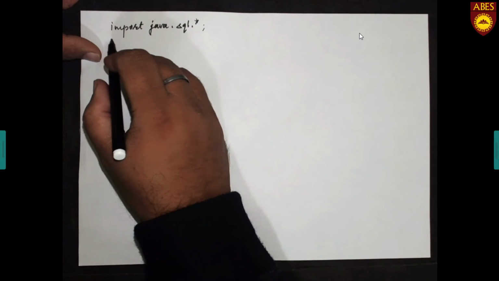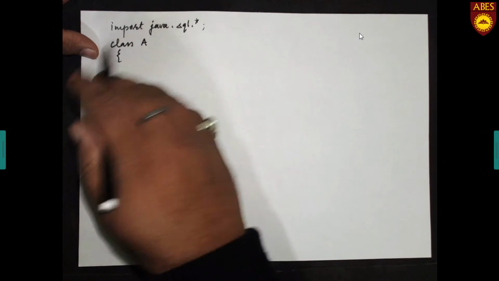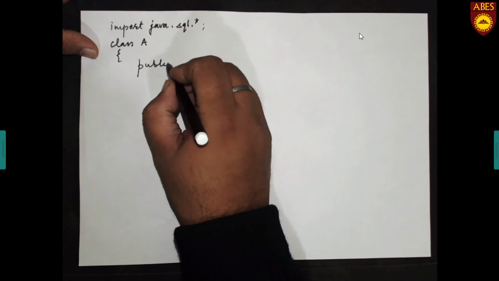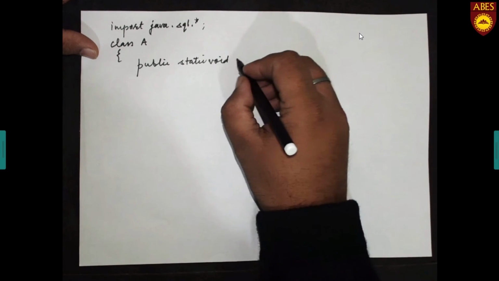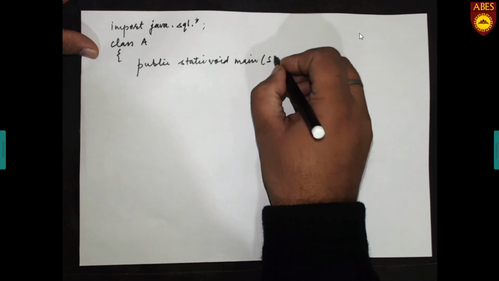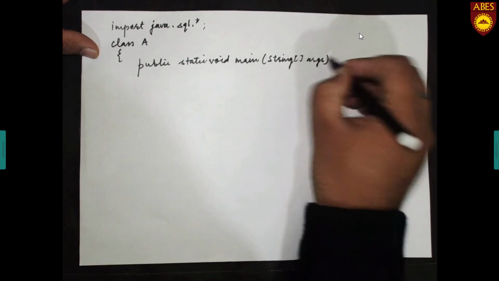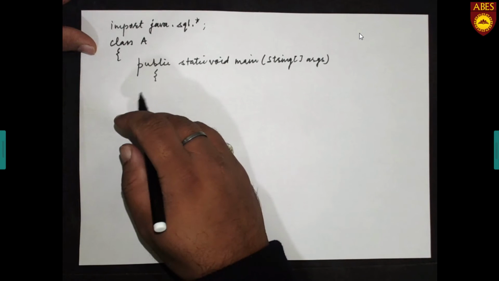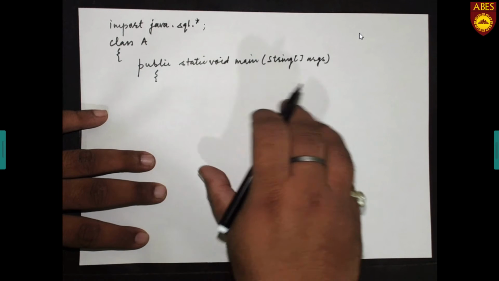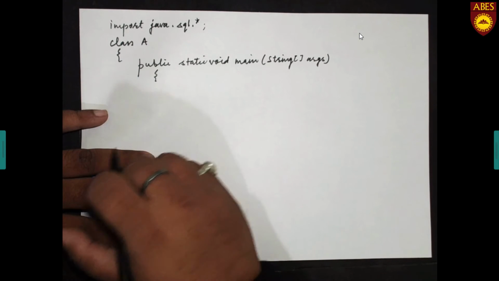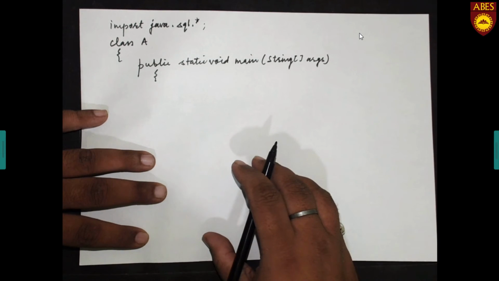After that, suppose I have made a class A, public static void main, String args. After this, the first step of database connection is to register the driver, and for registering the driver we need the driver class.